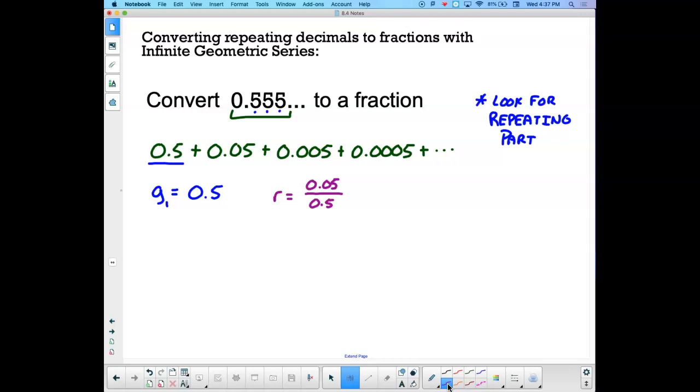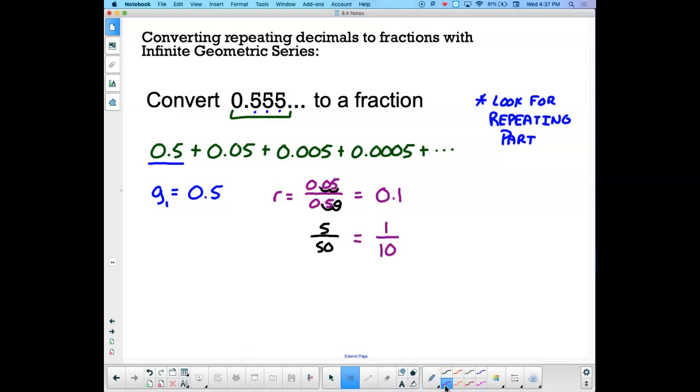If I were to do that, I would get 0.1 if I used a calculator, or if I did some fancy math stuff and moved this decimal point over 2, and moved this decimal point over 2, I get 5/50, which reduces down to 1/10.